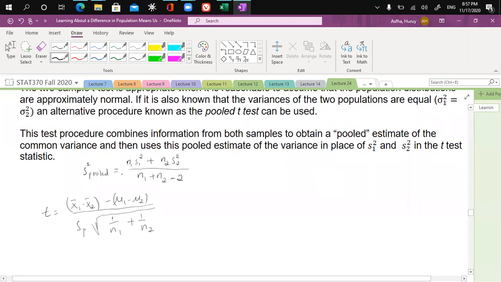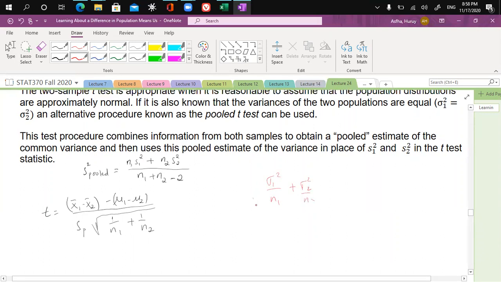the test statistic becomes x bar 1 minus x bar 2 minus mu1 minus mu2 over... Now, you may ask, how do we get this one? On the denominator, what we had on the formula was sigma 1 squared over n1 plus sigma 2 squared over n2.